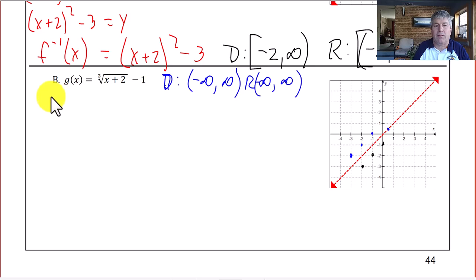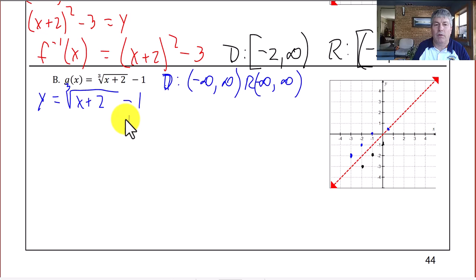Let's take a look at this algebraically. I do like to do this first. So our function here, y equals the cube root of x plus 2 minus 1. I'll go ahead and do this the other way. I'll do this the student way, where they solve for x first and then flip.